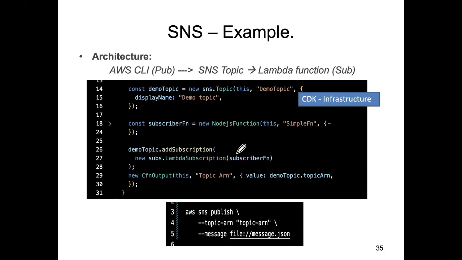In particular, we're saying this is the Lambda function that we want to be the subscriber. And I'm outputting the topic's ARN, Amazon resource name, because my CLI will use that to publish messages. This is how we publish messages to a topic.